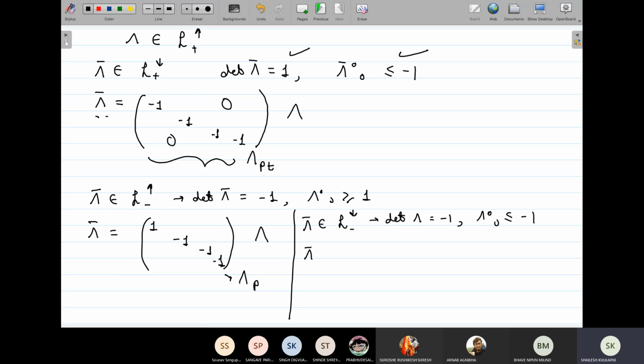So now I can write as minus 1 plus 1 plus 1 plus 1, right? And times lambda. Okay, you can see that its determinant is minus 1 and its lambda 0, 0 is less than minus 1, because this lambda 0, 0 is greater than 1. So lambda bar 0, 0 will be less than minus 1 because of this. I will call this as lambda t.